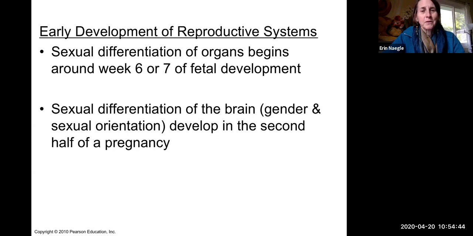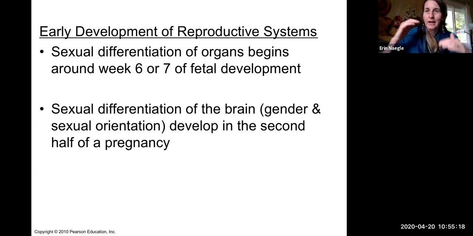That's different than sexual differentiation of the brain, which we associate with gender identity and sexual orientation. That differentiation doesn't begin until the second half of the pregnancy. And that's interesting to note because you can have different matches of physical sex and brain sex, right? They can be both male, one can be male and one female, or both can be female.